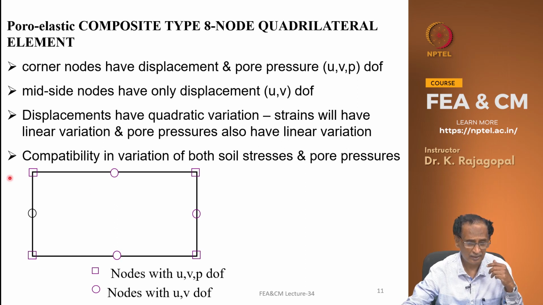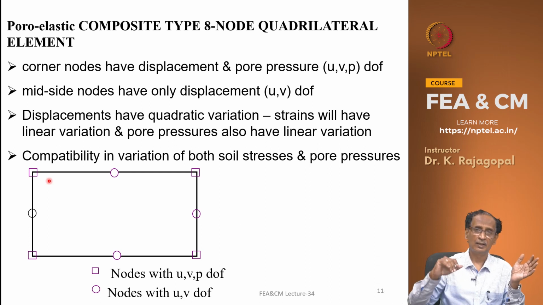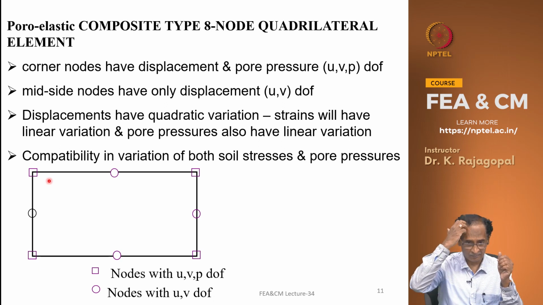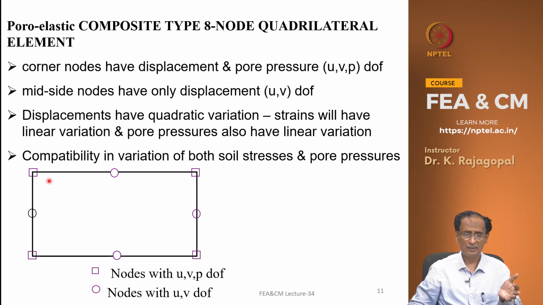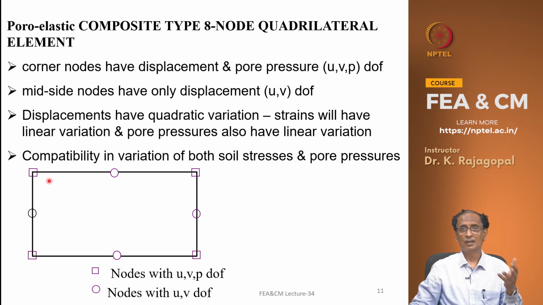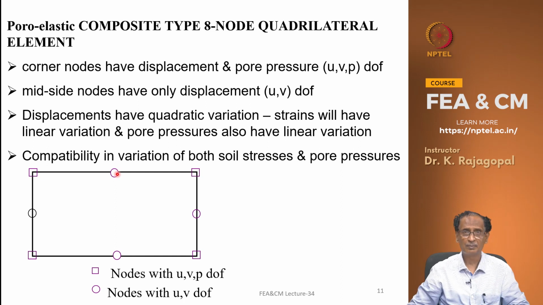And for your pore pressures, because we have only 2 values, one at each end, there is a linear variation, and then the pore pressures also will have the same linear variation. And this type of elements that ensure the compatibility in the variation between the soil stresses and the pore pressures are more accurate compared to other elements where they define the pore pressures and displacements at all the nodes.